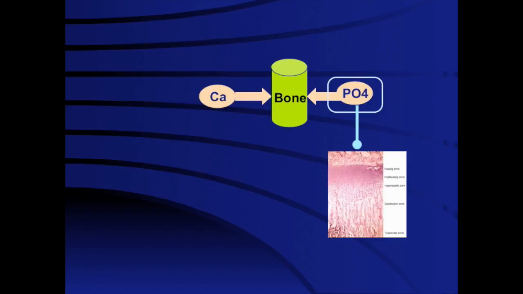So in the situation of phosphate deficiency, the growth plate apoptosis process is delayed, and therefore we will have a larger gap between the metaphysis and the bones, and therefore the metaphyseal problem will start to occur. So it's predominantly hypophosphatemia which is responsible for metabolic bone disease in the situation of rickets.